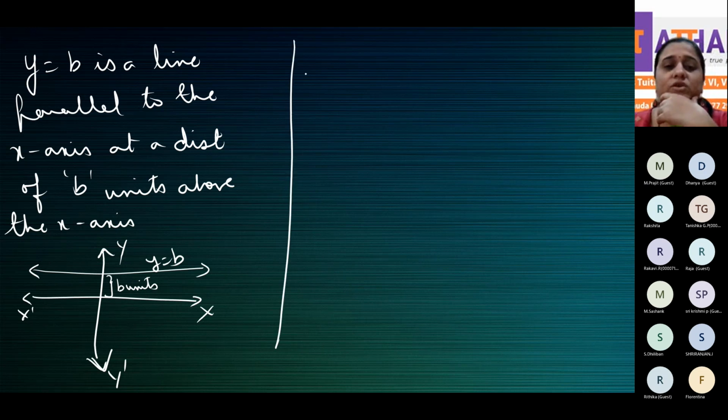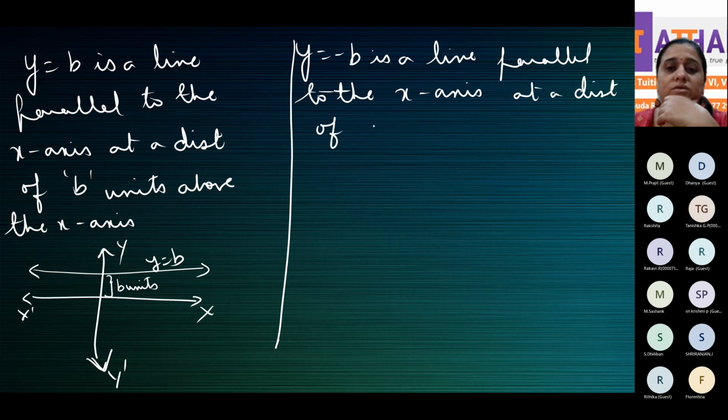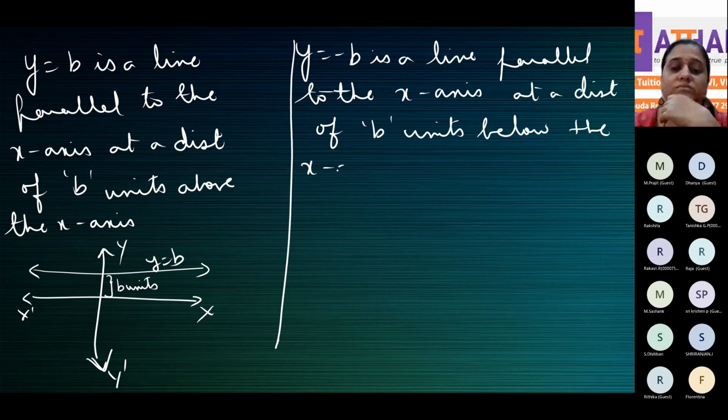And finally, y is equal to minus b is a line parallel to the x-axis at a distance of b units below the x-axis.